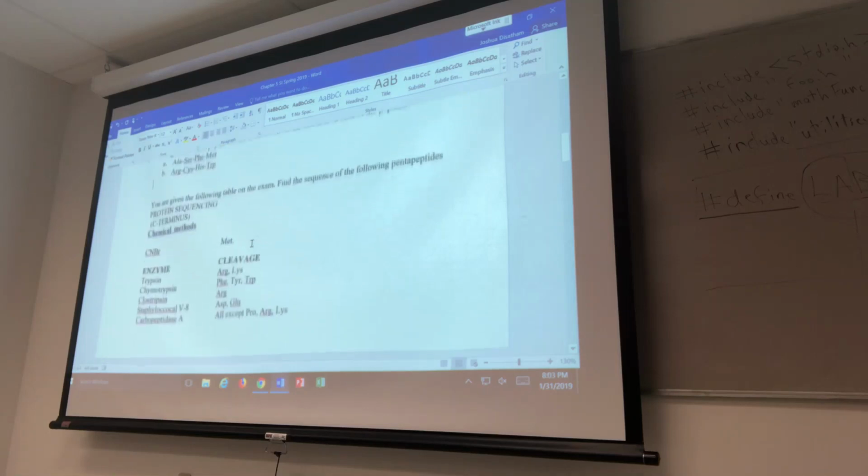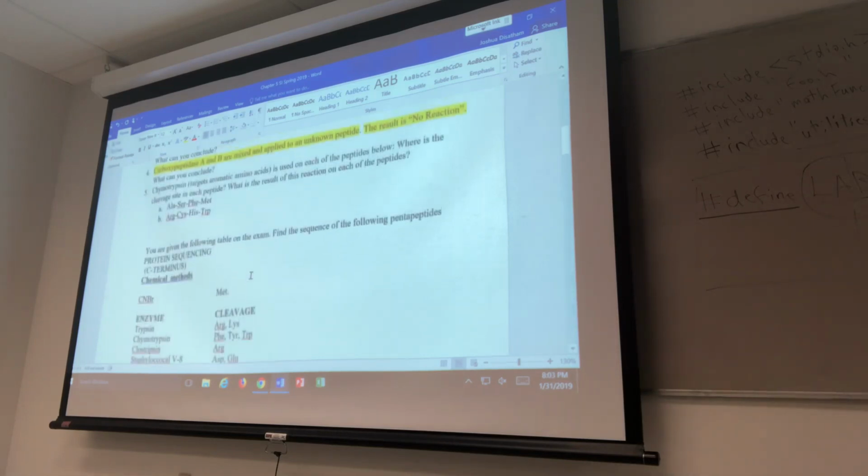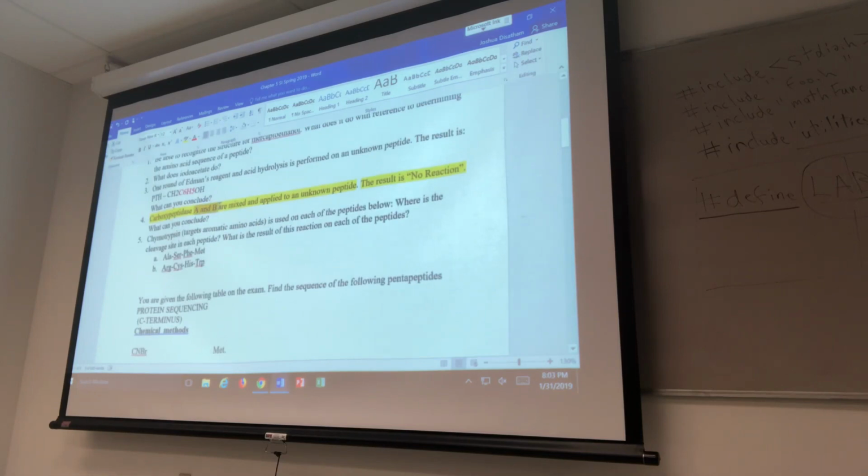You go down to the table and you see carboxypeptidase A looks for 17 amino acids. Carboxypeptidase B looks for 2 of the ones that carboxypeptidase A could not do. The only one they can't cover is proline. So when the clue says you use these 2 things, but nothing happened, you can conclude what amino acid is at the very end of the sequence.